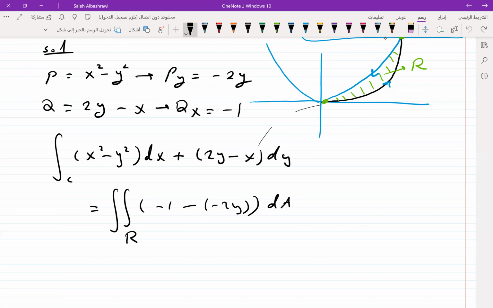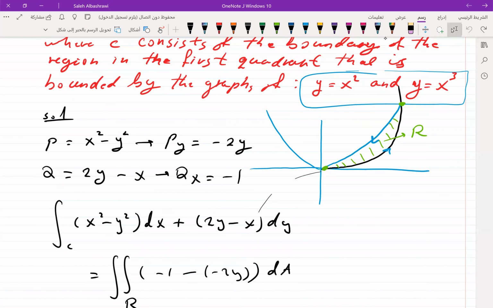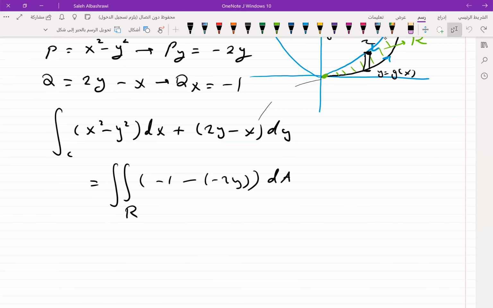Now for the double integral, we have type 1 or type 2. In type 1, we are using the vertical bar, that is y equal to f of x on top, and down is y equal to g of x.